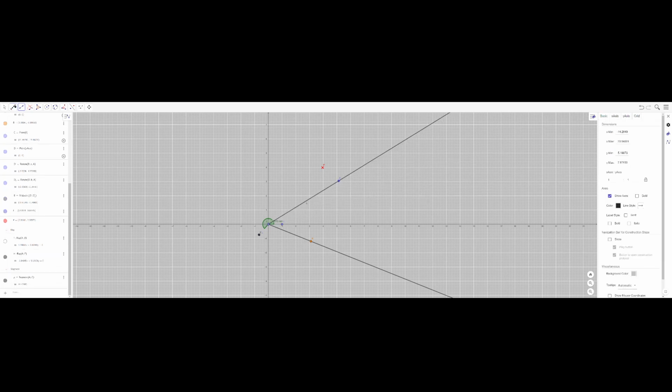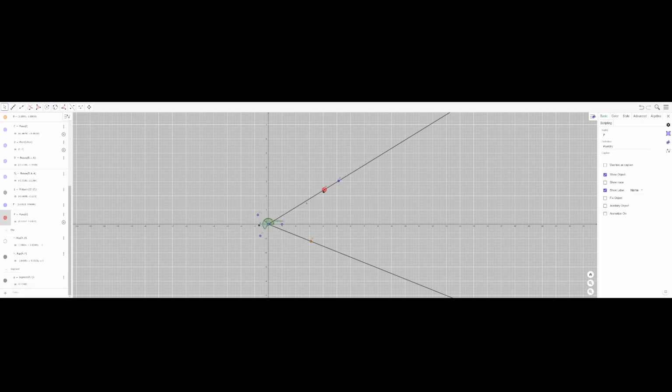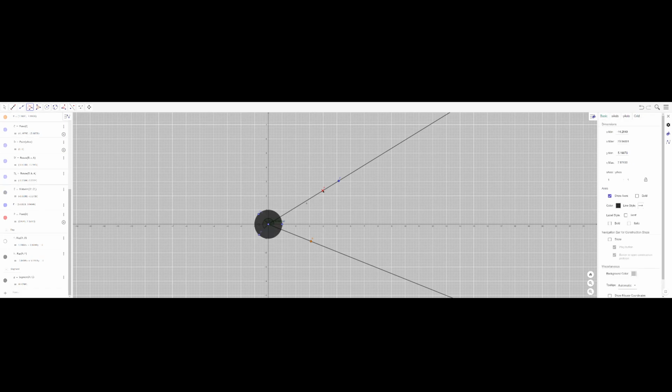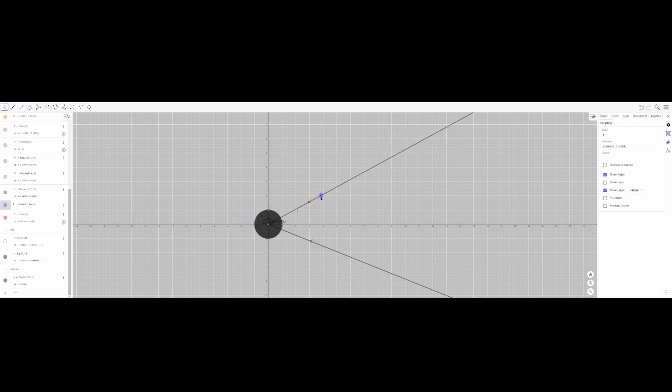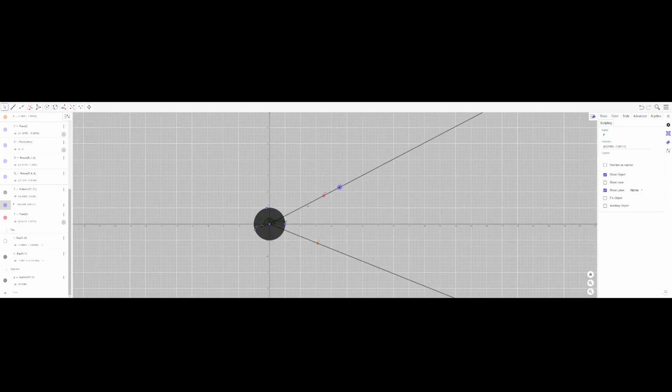Here's a new ray. Let me put that point on it. A unicursal curve. This is integer curve. Unicursal.